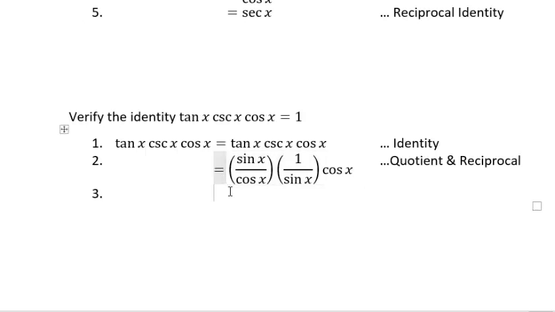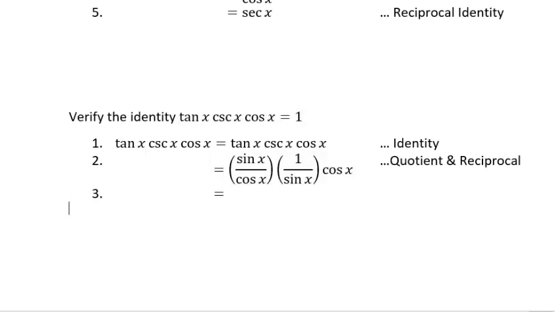So let's see what happens in here. You might see that I have sine under the line and sine above of the line, so they can cancel. And I have cosine under the line and I have a cosine outside above of the line because there's no line. Okay, so I can cancel cosine too. That will leave me only with 1 and that's it.